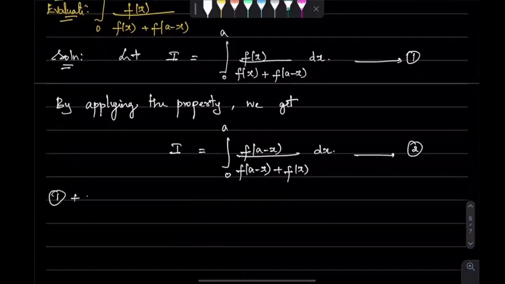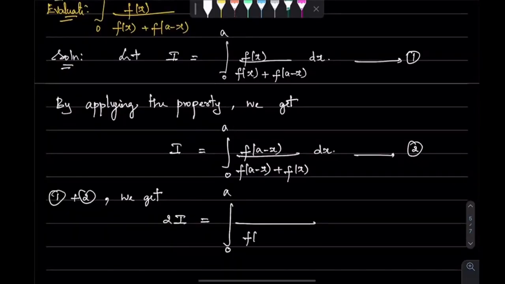So adding 1 plus 2, we get 2I. LHS becomes 2I is equal to integral 0 to a. Numerator, denominator is same, no? Yes, sir. So f of x plus f of a minus x, very good, plus f of a minus x, dx.